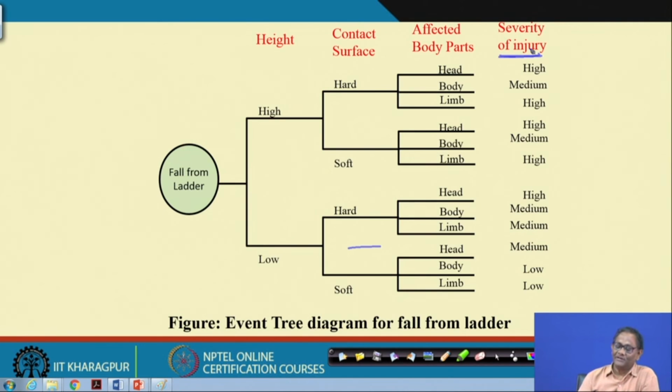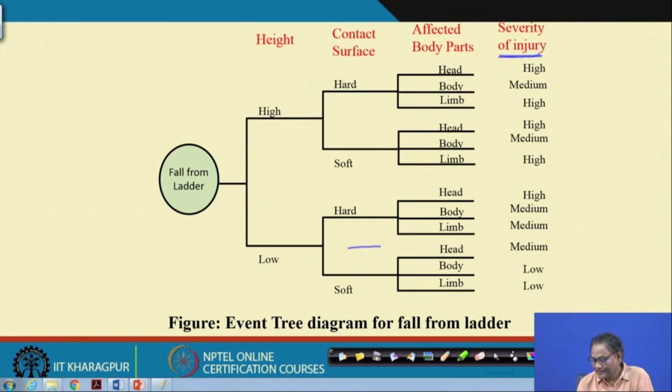So, it is not necessarily that you will use the bow tie only for highly technology-oriented situations. This is an example which can also be used in a manual job or a semi-mechanized kind of job; the bow tie can be applied.